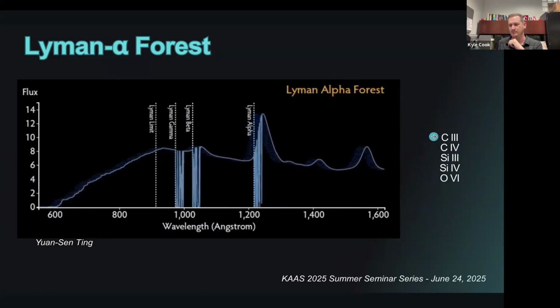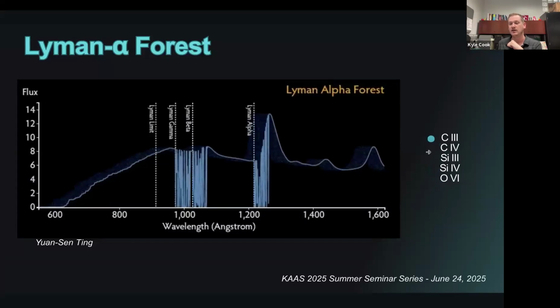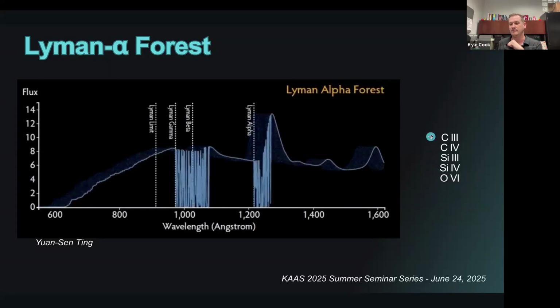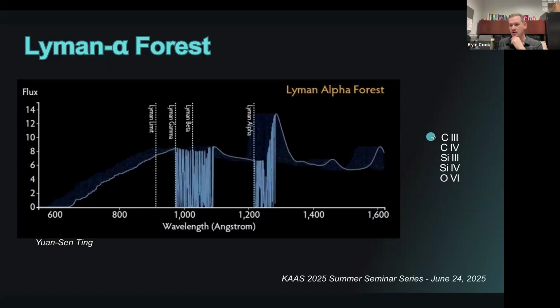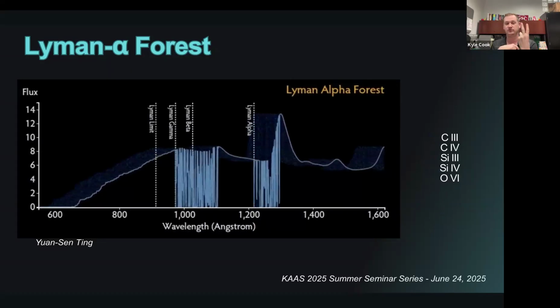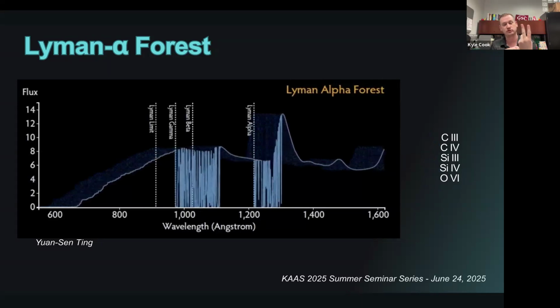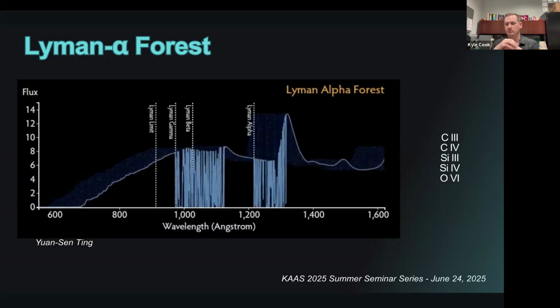It's worth taking a quick moment here to pause and point out this notation in case anybody hasn't seen it. This is, in my opinion, a terrible notation. Carbon 3 is doubly ionized carbon, so it's carbon that we've kicked 2 electrons off of.